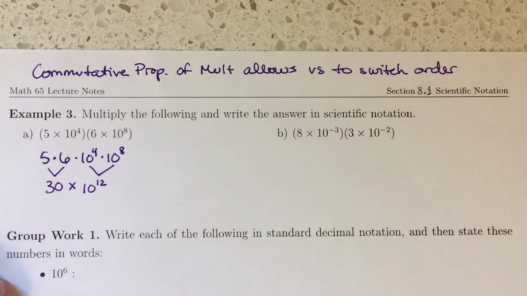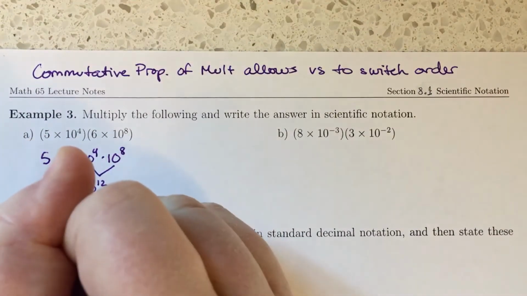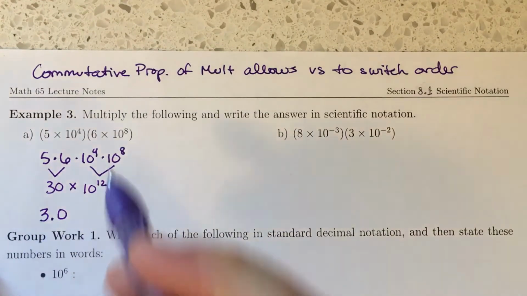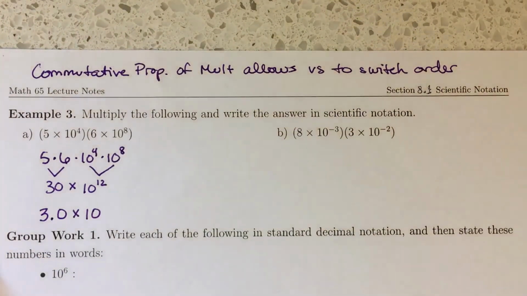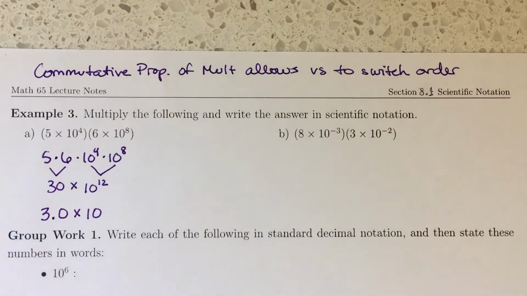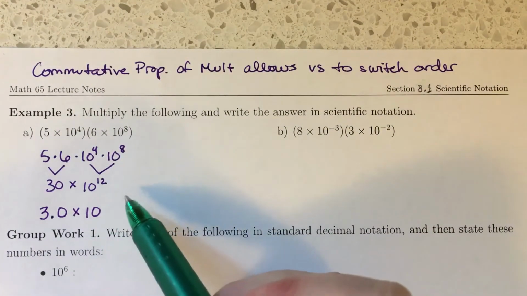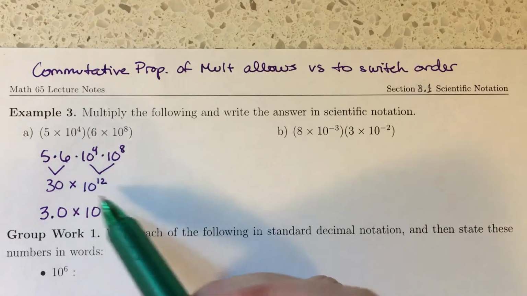The only problem is that this doesn't follow the rule where you have only one digit in front of the decimal point. So we need to somehow make this 3.0 instead of 30. And this is sort of tricky. Clearly we need to adjust this exponent by 1. But then we've got to decide, should I add 1 to the exponent or subtract 1?